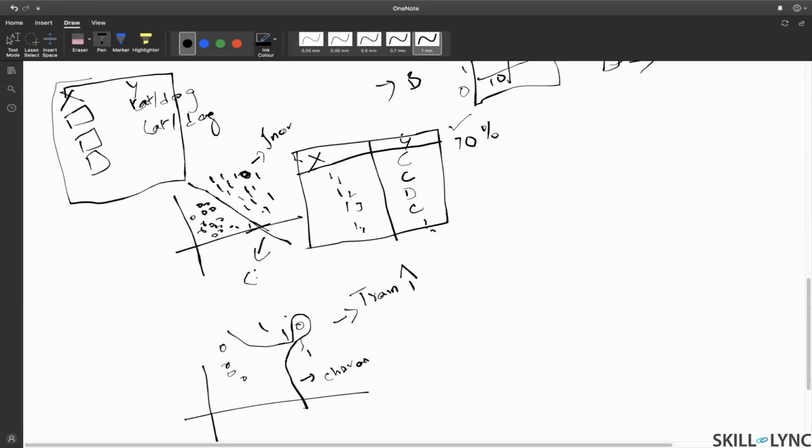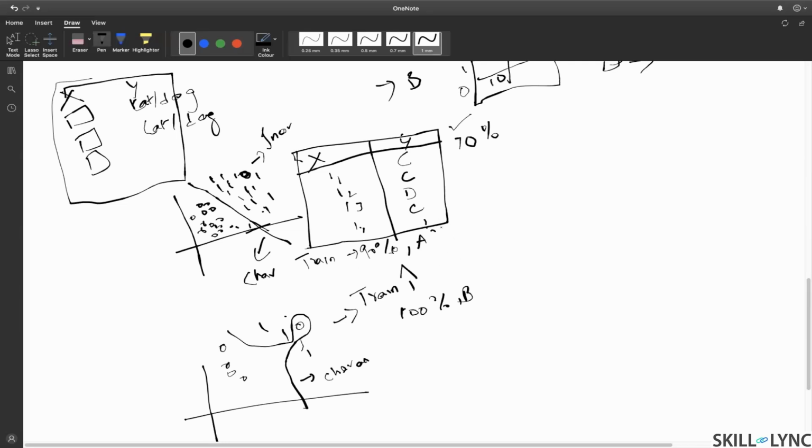Both the algorithms will have different characteristics, right? Now the training accuracy might be, say, 90% with algorithm A, and 100% with algorithm B.